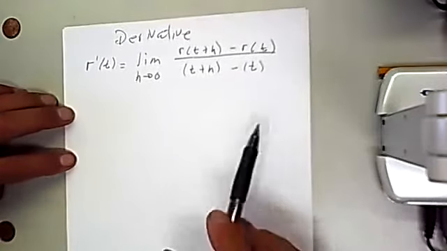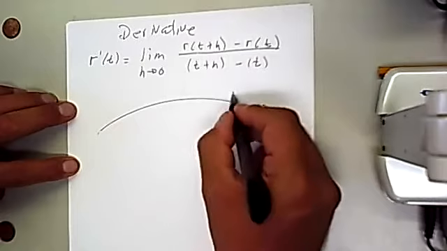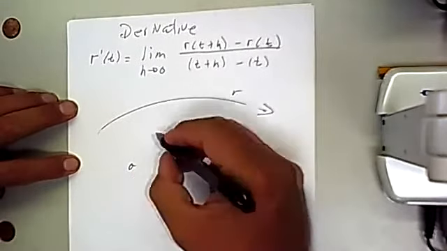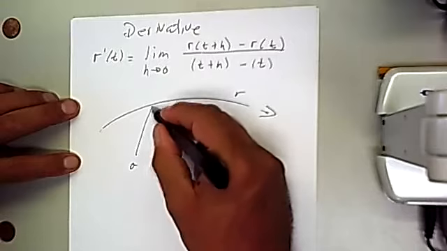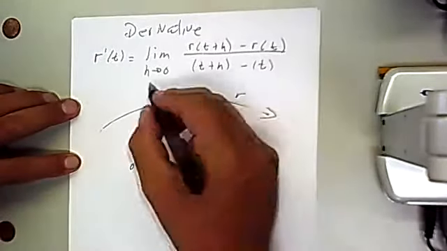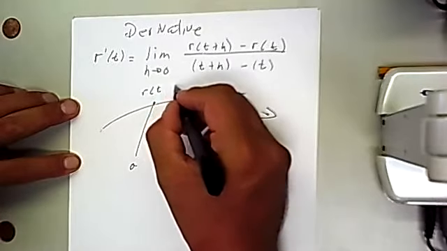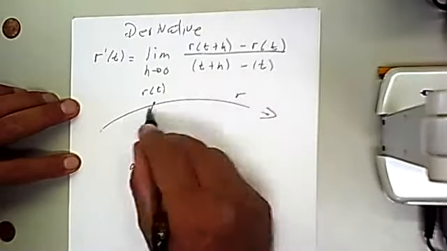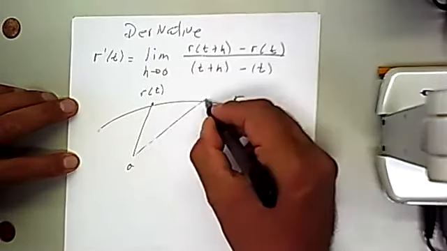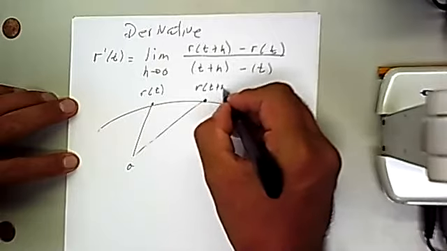So what does that mean graphically? If we have some kind of a curve, so this is R, and there is the origin somewhere, it doesn't matter where. So this would be the vector that could correspond to R of t, and then if the curve is moving to our right, then here we have another vector, which is R of t plus h.